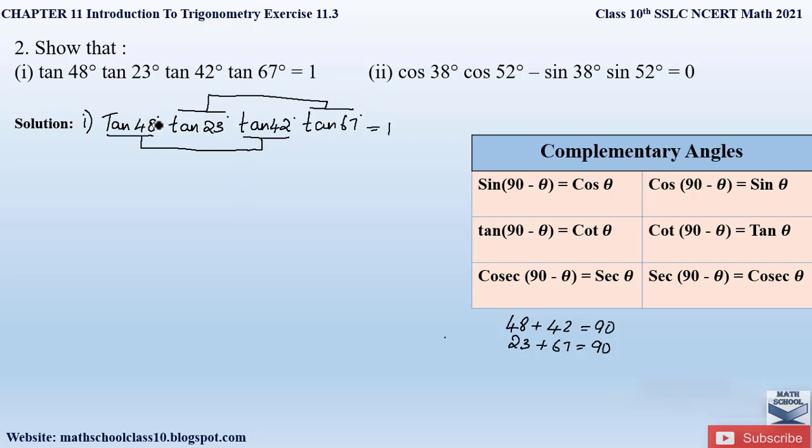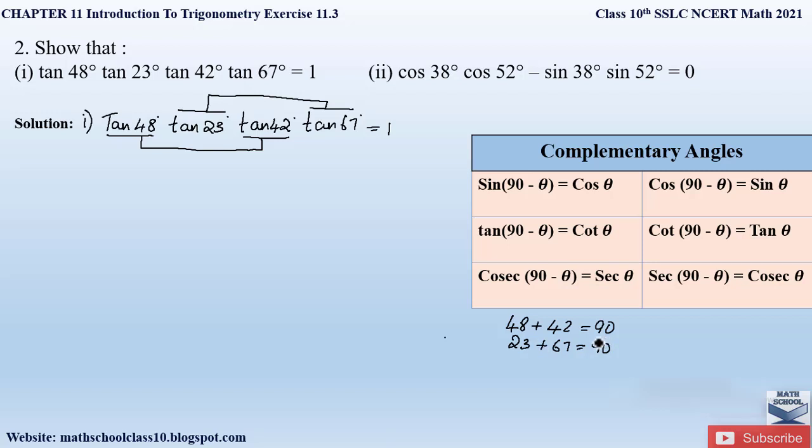Now we will apply the complementary angle to either tan 48 or tan 42. Remember, it is very important that you change either the 48 degree or the 42 degree angle. By changing both, you will again end up with a wrong answer.